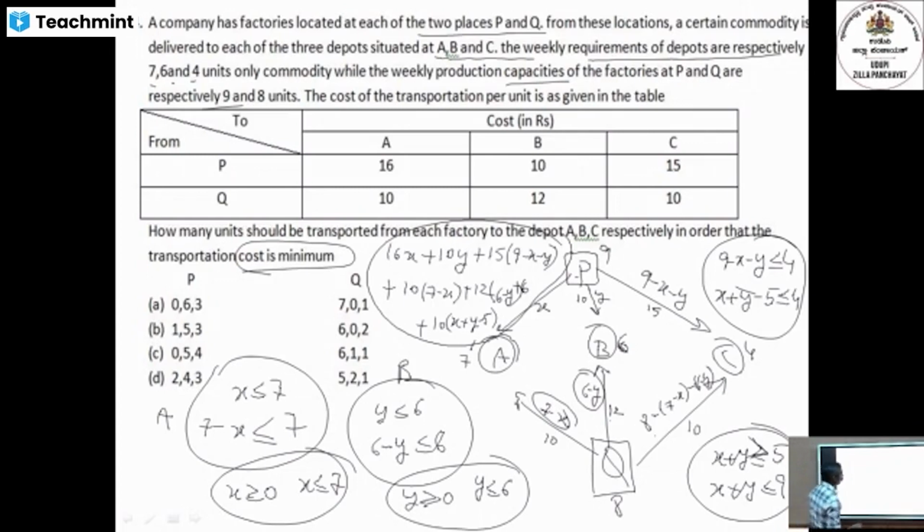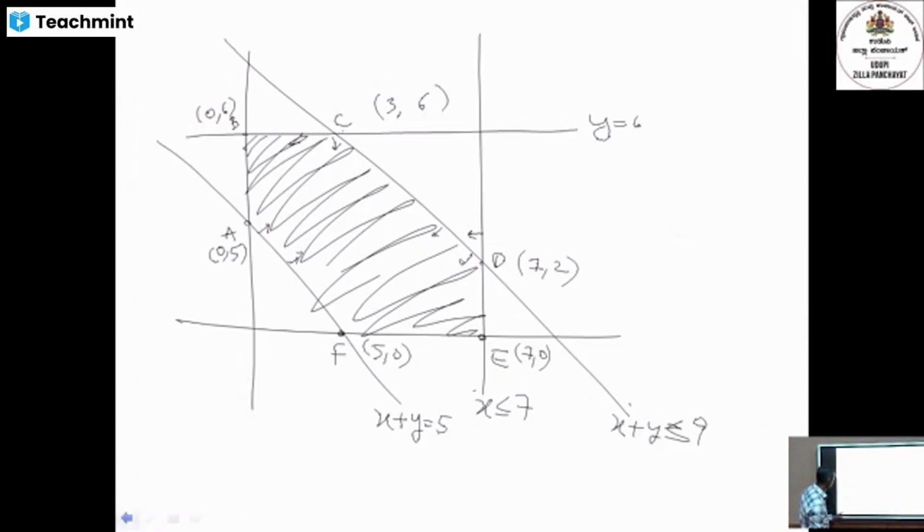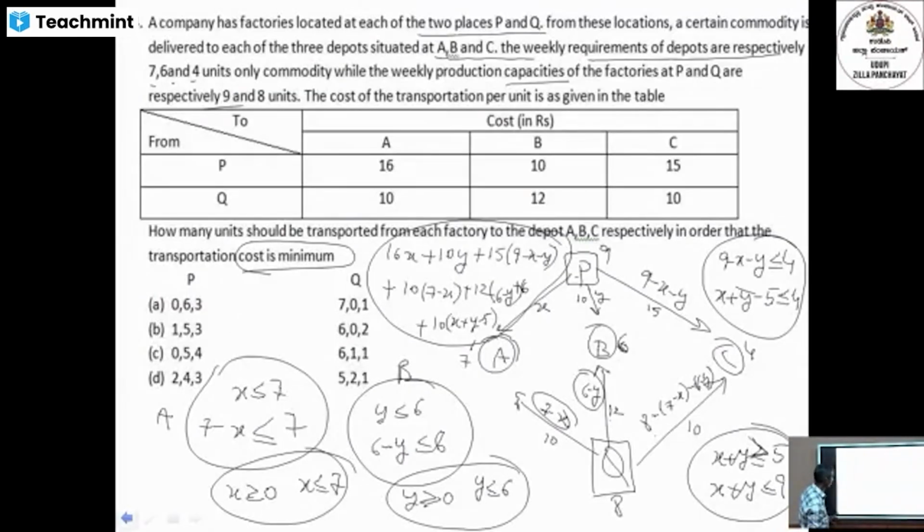If you solve this, 16x minus 15x minus 10x plus 10x cancels, so x remains.